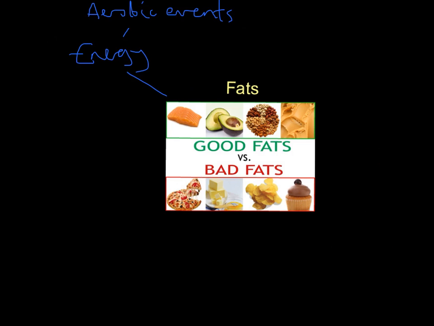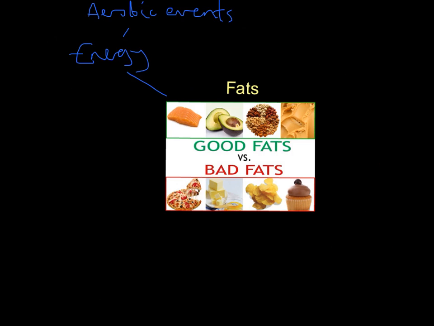When we go into sprints and weights and plyometrics, we can't break fat down. We need lots of oxygen to break down fat, and when you're working at high intensity, you can't get oxygen into your system quickly enough. So that's when we use carbohydrates. We can use carbs all the time, low intensity and high intensity, hence why it's our primary energy source.